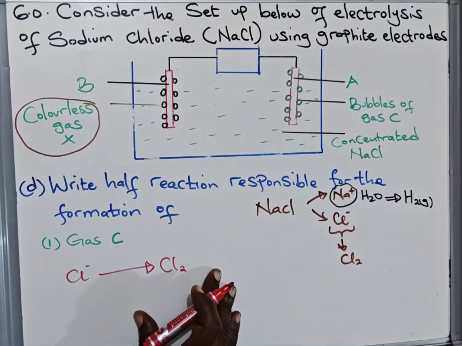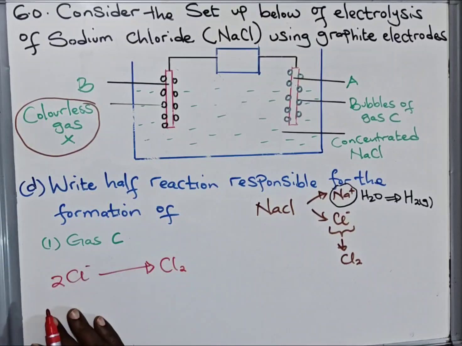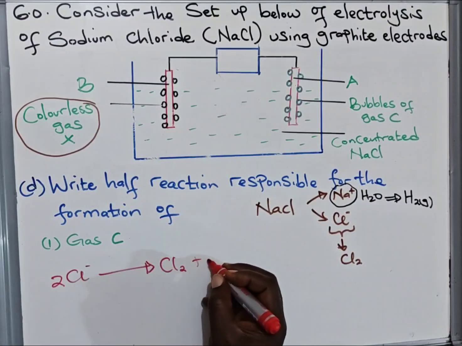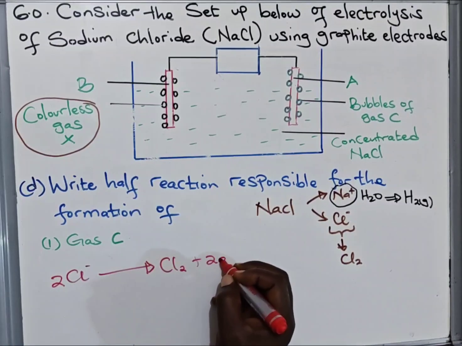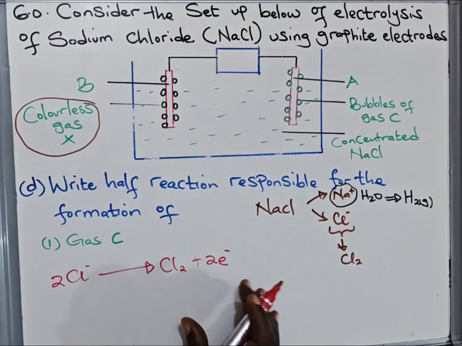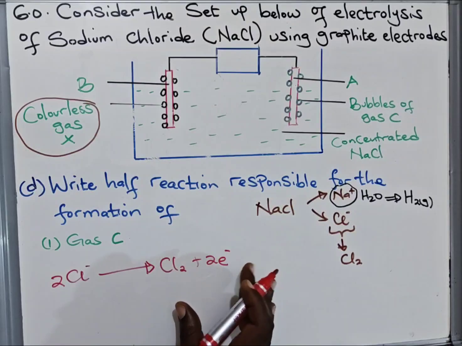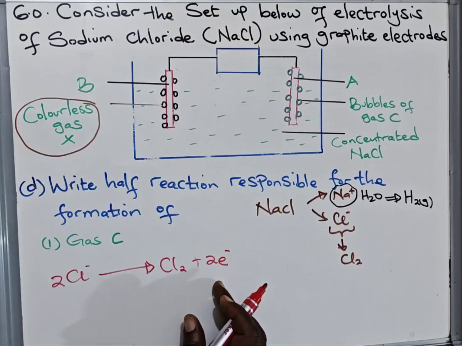Then from here, what do we do? You balance by putting a 2 here, and then you put the responsible electrons, which we put here. How many are they? They are 2. So what you have here is the reaction responsible for the formation of gas C. Gas C is chlorine.